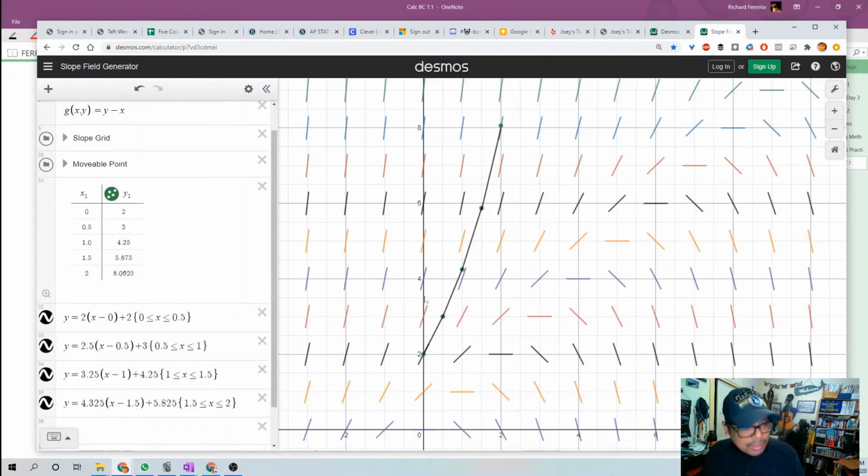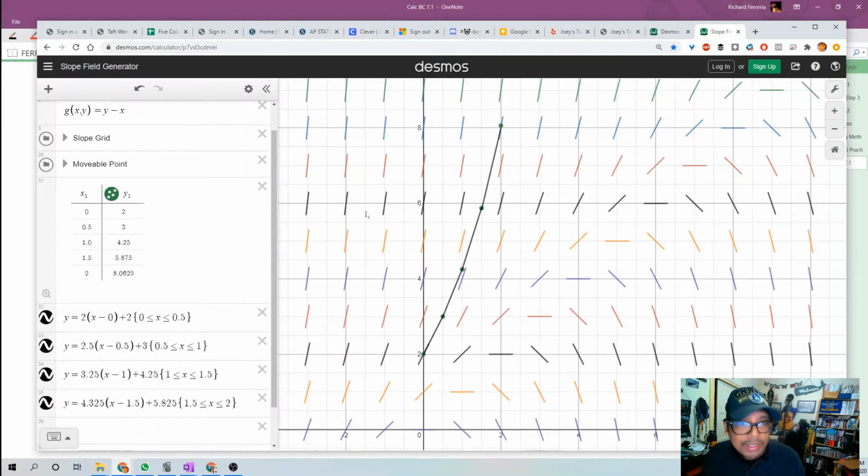So let's take away those tangent lines and put them together one by one. We start with our first tangent line right over here. And then we go to our second tangent line right over here. Notice how it's still in line with the slope field, literally in line. Our third tangent line, and then our last tangent line.